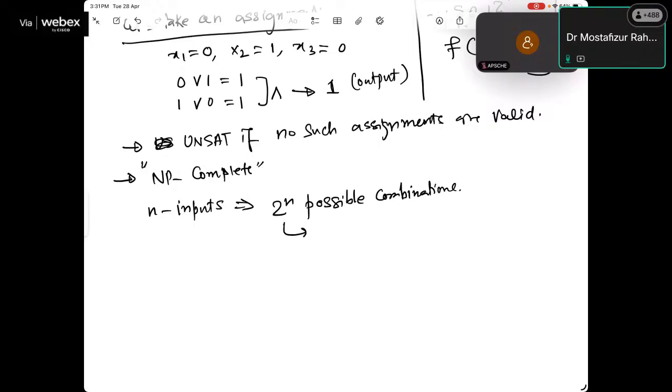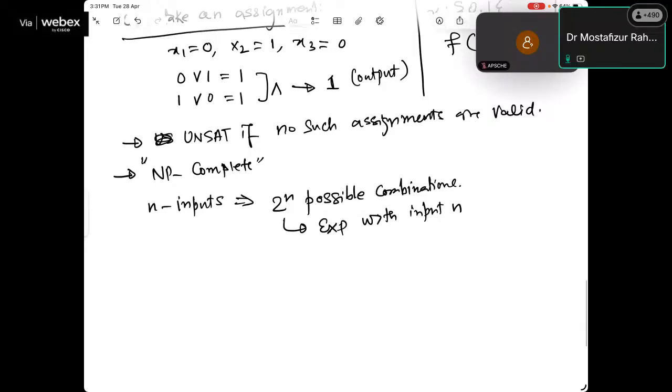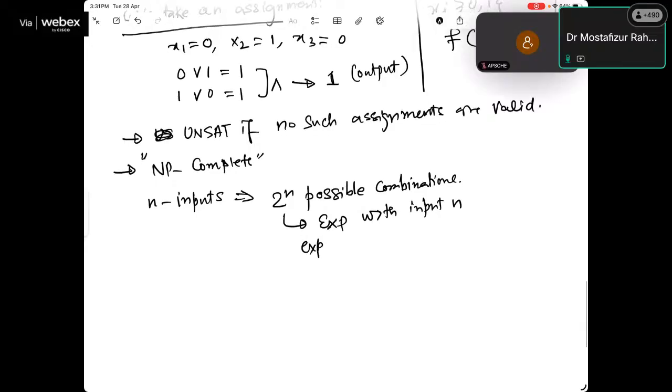So that is some kind of exponential complexity with input n. If the input is quite large, the combinatorial space is huge, exponential. So it's a SAT problem, satisfiability problem, with exponential growth. So computationally, of course, it is a hard problem, right?